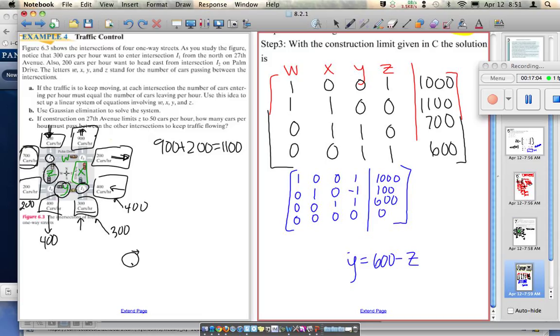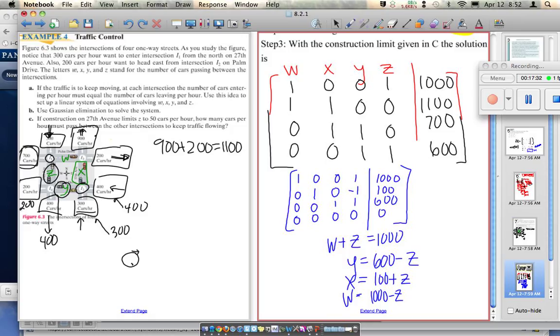That one says x minus z equals 100. So x equals 100 plus z. And finally, the top row describes w and says w plus z equals 1,000. So w equals 1,000 minus z.